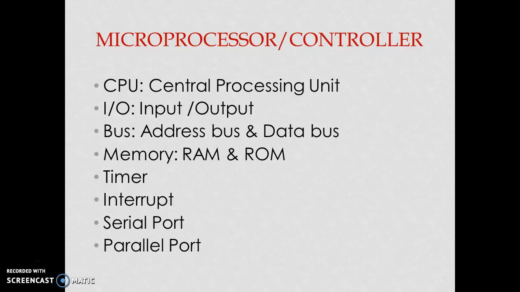Now for the microprocessor and microcontroller, there are various units. The central processing unit processes the data which is available in the memory. The input devices provide input to the microprocessor. It may be a mouse, a keyboard, switches, or input from various sensors.